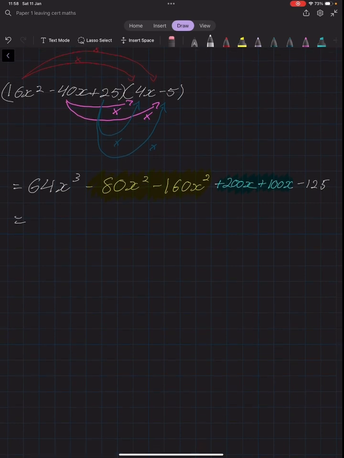The only x cubed that's there is 64x cubed. Now, these are both x squareds, which means I can add and minus them. So I can just do minus 80 minus 160 to get minus 240. Then there we have just x's with the 200 and the 100, I can just add them to get 300.